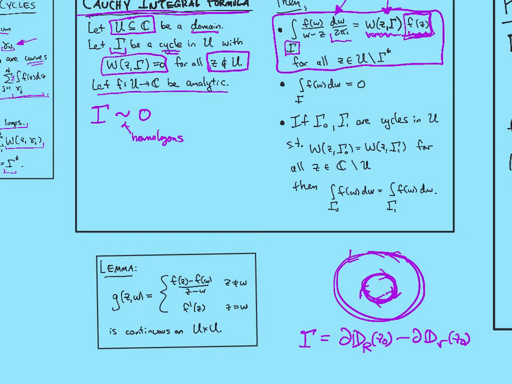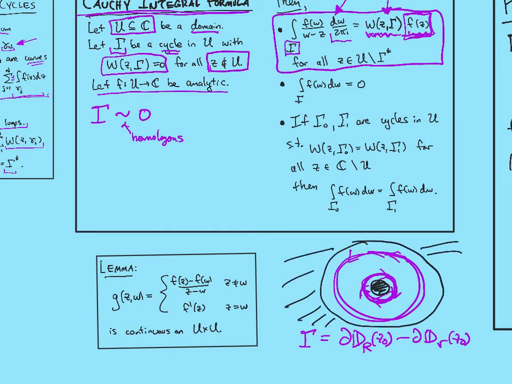And notice this would satisfy the hypotheses above because, if I'm having an annulus where I remove this part and I remove everything outside this disk, then for the winding numbers inside here, I'm counting this inner circle as going clockwise because of this minus sign.